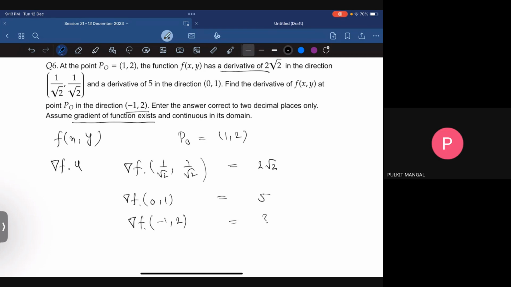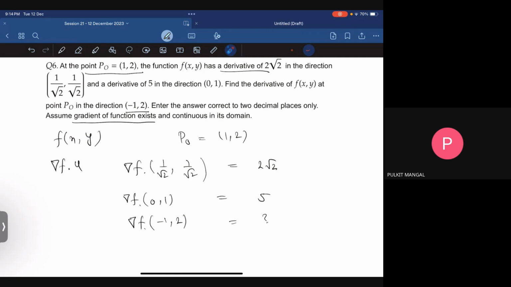We are given the point 1 comma 2, and whatever I am doing in the whole question is at this specific point only. If I take the derivative of the function, I am taking the partial derivatives fx and fy.